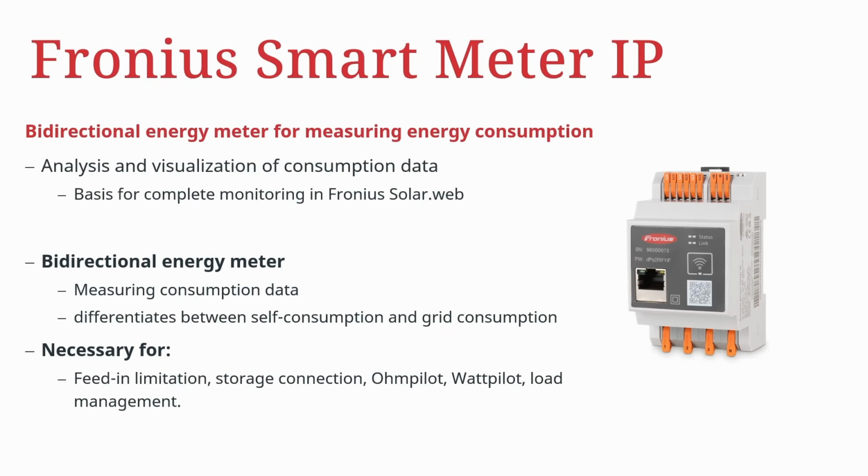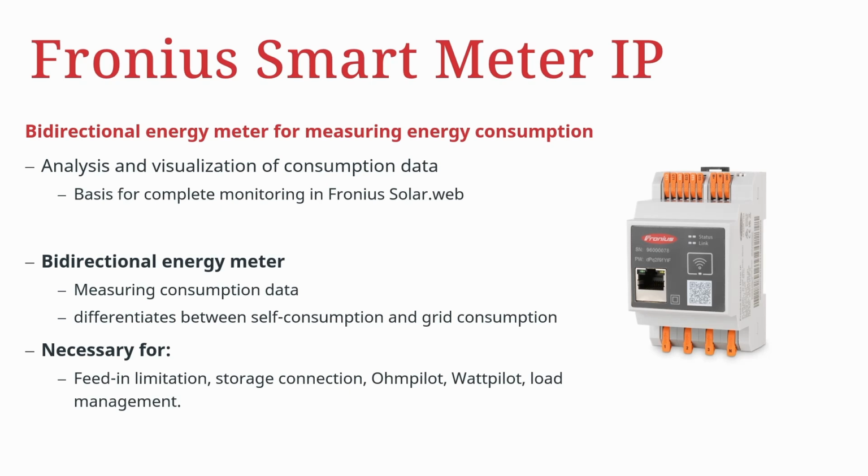The Smart Meter IP, or the smart meter in general, is always a bidirectional energy meter for measuring the energy consumption of your PV system. It is also for the analysis and the visualization of consumption data and is the absolute base for complete monitoring in your Fronius Solar.web. Being a bidirectional energy meter, it measures the consumption data and can differentiate between the self-consumption and, on the other side, the grid consumption.